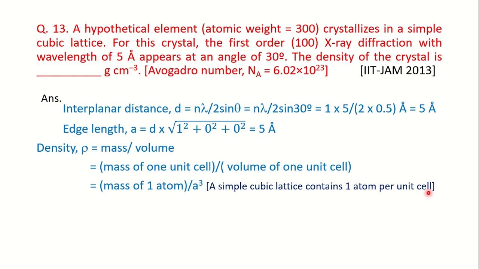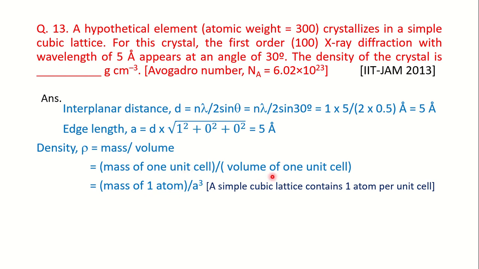We know that FCC contains 4 atoms per unit cell, BCC contains 2 atoms per unit cell, base centered cubic lattice contains 2 atoms per unit cell, but here the simple cubic contains 1 atom per unit cell. Therefore the mass of 1 unit cell means the mass of 1 atom.